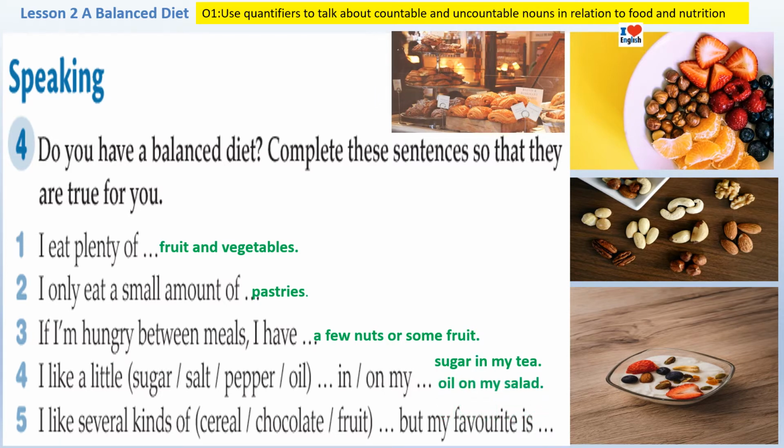For me, I like a little oil on my salad. Also, I like several kinds of fruit. But my favorite fruit is oranges. Think about yourselves and complete the sentences so that they are true for you. And then you can answer the question, do you have a balanced diet or not?